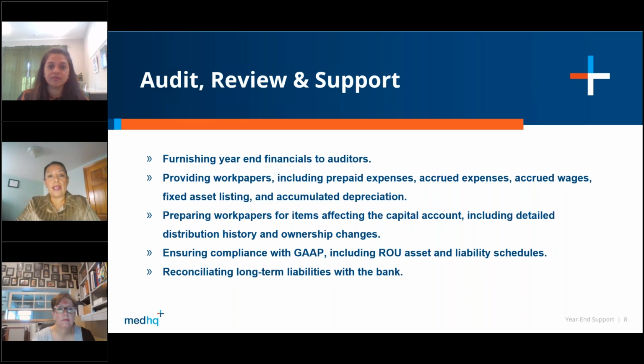We also provide work papers that affect the capital accounts. That can include a detailed distribution history, ownership changes, and any supporting documentation such as subscriptions, redemptions, operating agreements, and amendments. We also comply with GAAP, including the ROA asset and liability schedules.